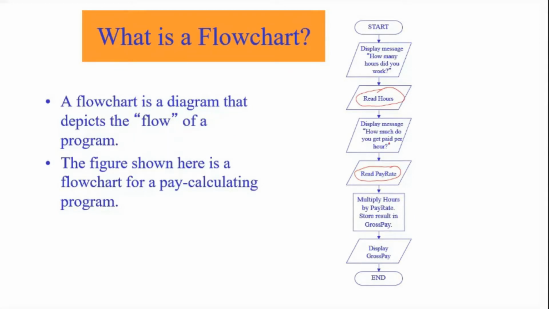Then we store the result in gross pay. Gross pay will be a variable. Then we display that gross pay, the total value that we obtained in the previous step. Then the program ends. This is the flow, how this particular program works.